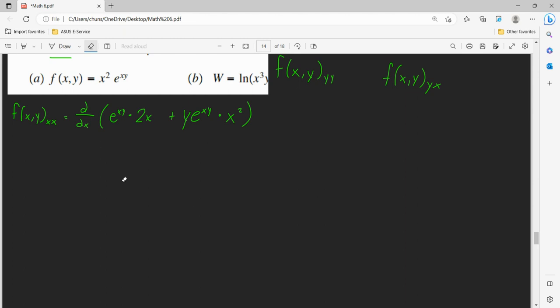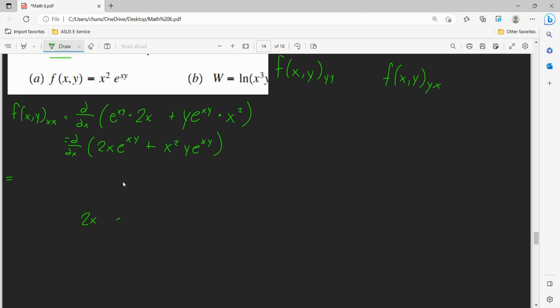So we're going to simplify this a little bit more. This is 2x plus. Okay. And now we are going to derive again.